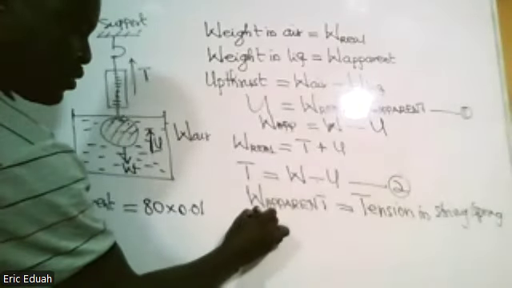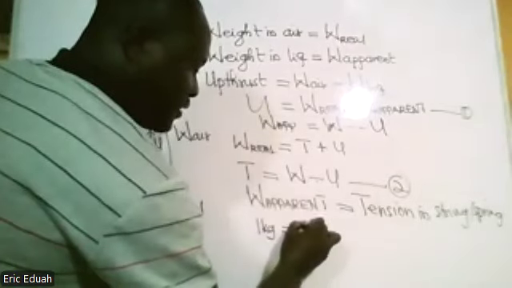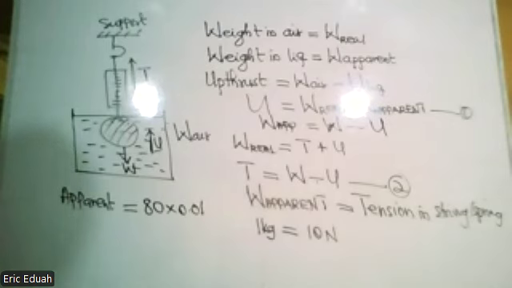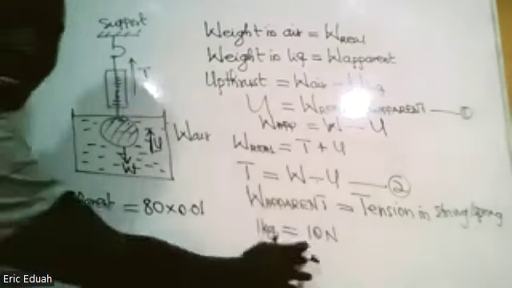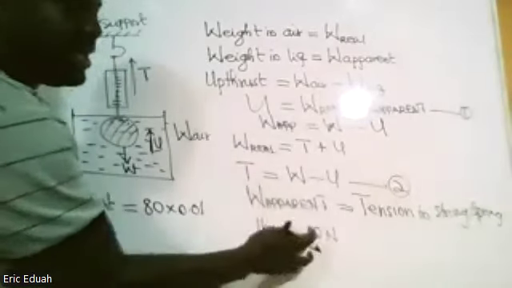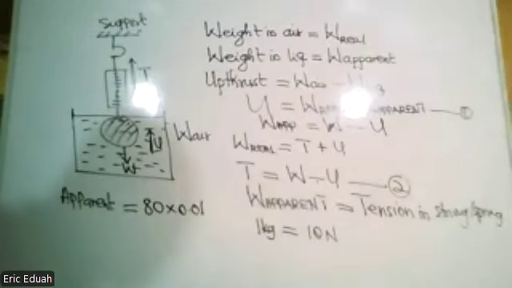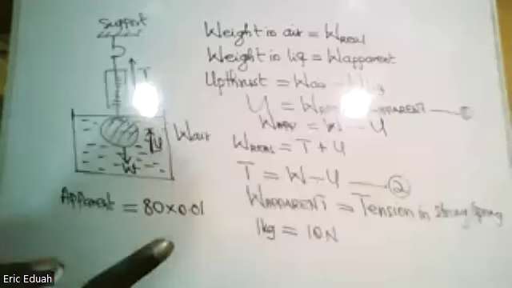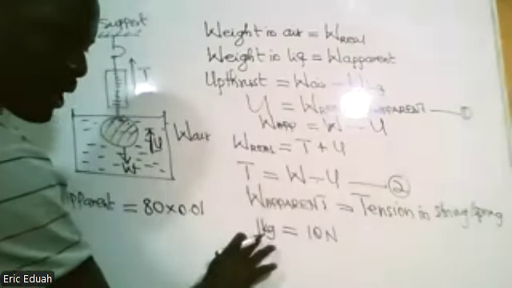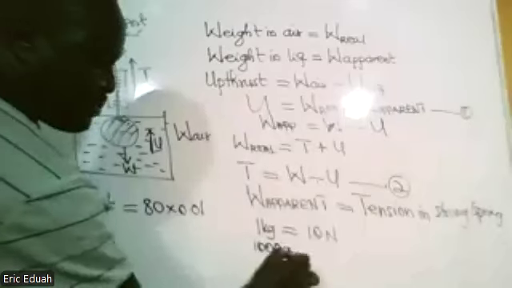One kilogram mass would give you a weight of 10 Newton, mass times acceleration due to gravity, so 1 times 10 Newton. What will be the weight of 1 gram? Don't forget, 1 kilogram is equal to 1,000 grams.